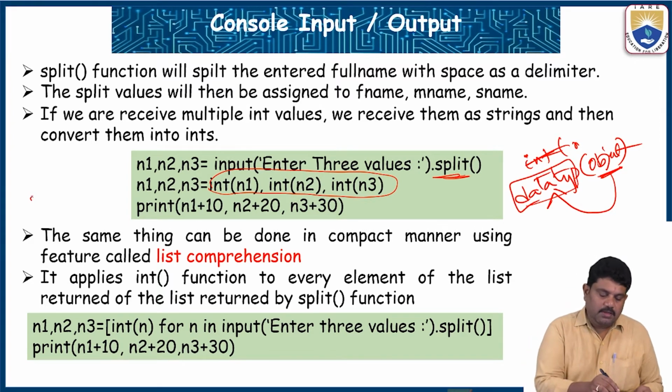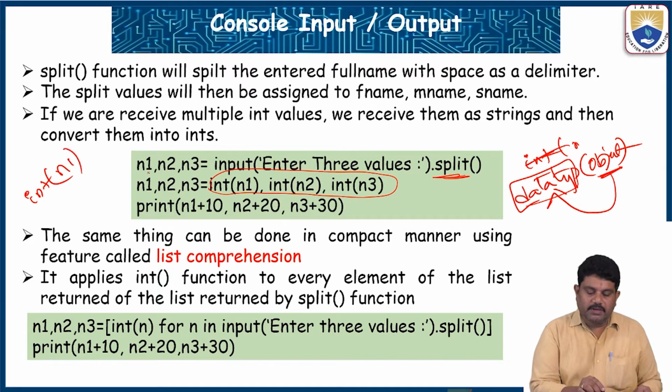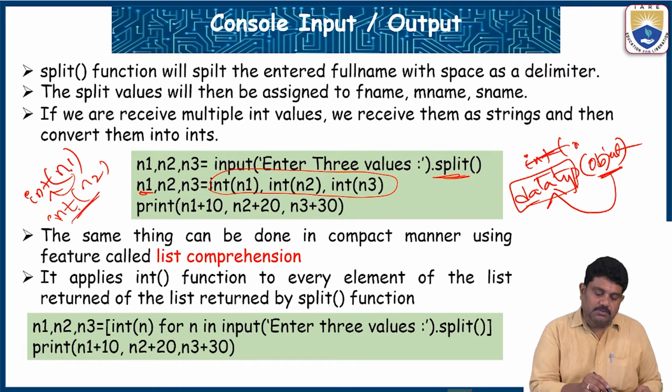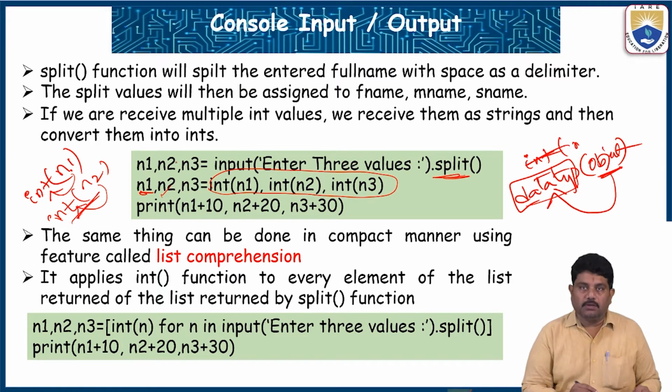In this case, I'm passing int of n1. Here n1 is a string, because the input function always returns a string. So this n1 is a string, and it is converted into integer type and again stored into n1. Likewise, n2 is a string, and because of this conversion function it is converted into integer type and stored into n2.